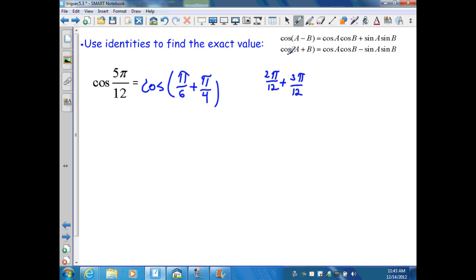Now I can use my sum identity for cosine and find the exact value. That's going to give me, when I label this A and that angle B, cosine of pi sixth and cosine pi fourths minus sine of pi sixth and sine of pi fourths.